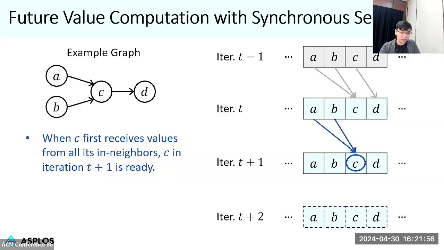By doing this, the value of vertex C becomes ready.